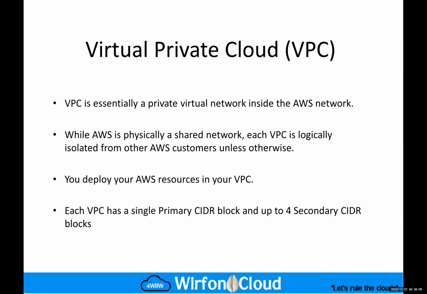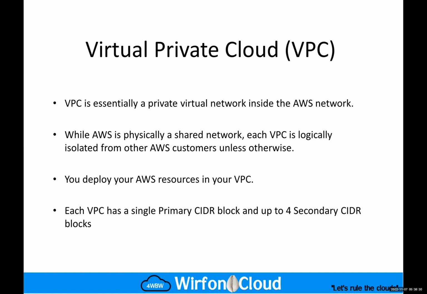It's not shared with other customers unless you share it, of course, or grant them access to it. But intrinsically, everything you do in AWS, you do within a VPC that belongs to you.